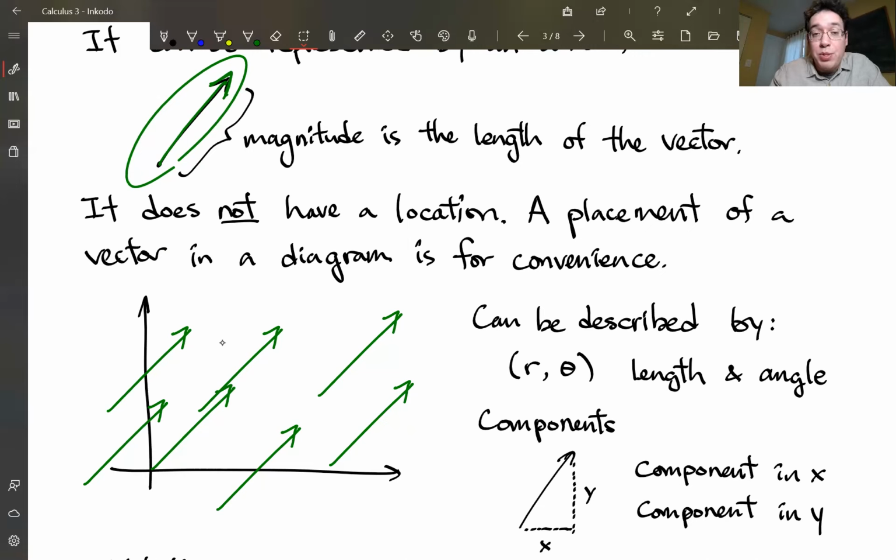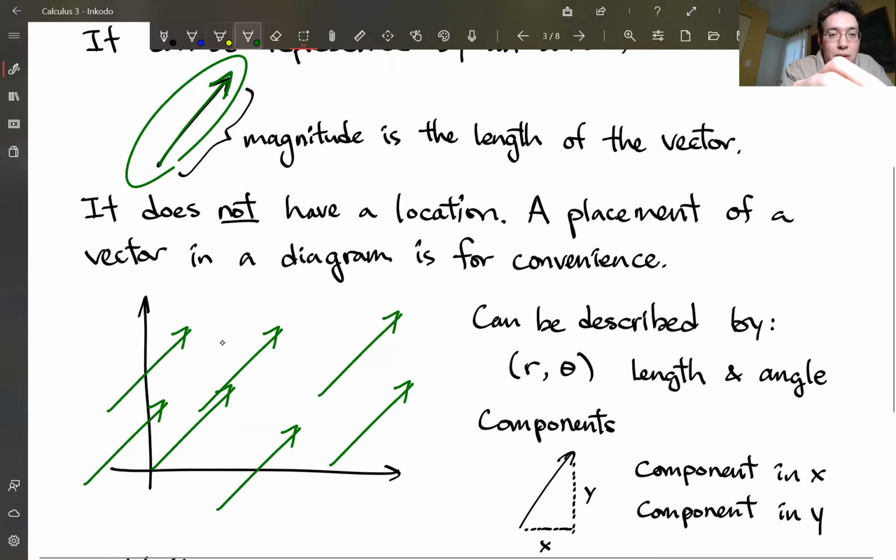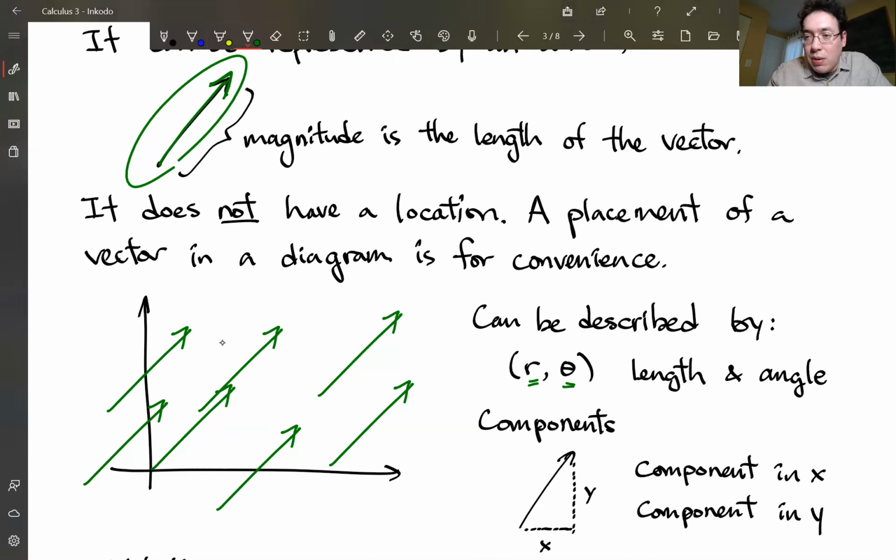If you're talking about an arrow, you could describe it in many different ways. One way is to say what the magnitude is, call that r, and measure the angle. Typically, you draw a direction that's going the same direction as the positive x-axis, and you measure the angle in a counterclockwise direction from there.